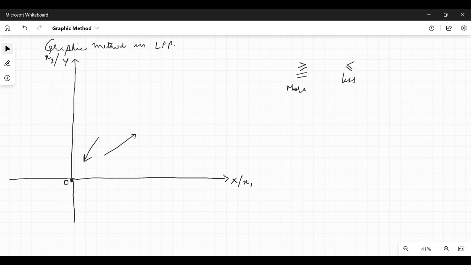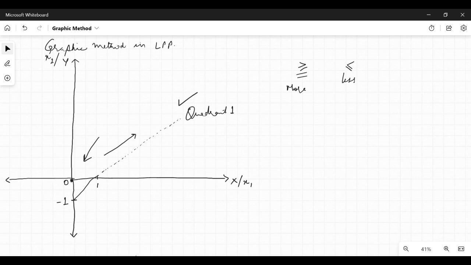Sometimes we have a negative value. It may be either on x-axis or on y-axis. So in that case, whenever we get a negative value, like suppose I got a value minus 1 on x2, right? And here I got a value of 1. So in that case, I will join these two points. But as we have already discussed that the feasible solution always lies in quadrant 1, so what we have to do is extend this line in quadrant 1.